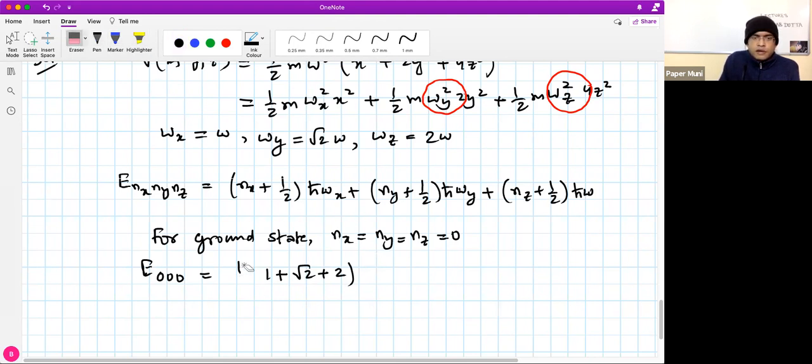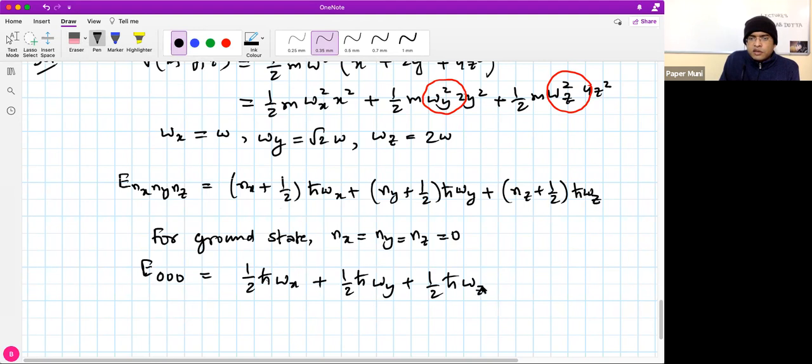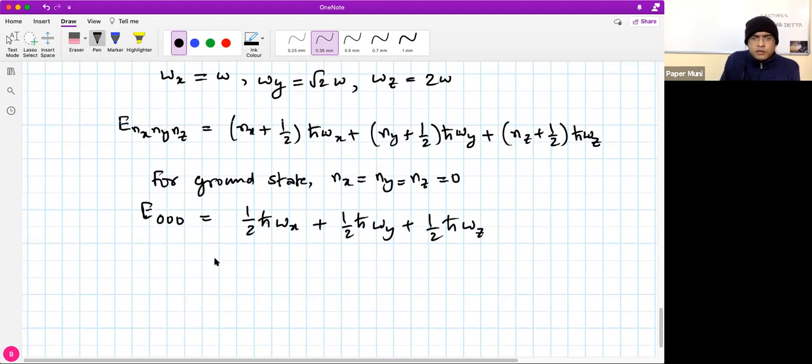Let's write it the way it is given to us. So this all will be 0. So what we'll have is half h cross omega x plus half omega y plus half omega z. Now let's put the omegas, keeping h cross omega outside, and inside it will be, this is 1, this will be root 2, and this will be 2.